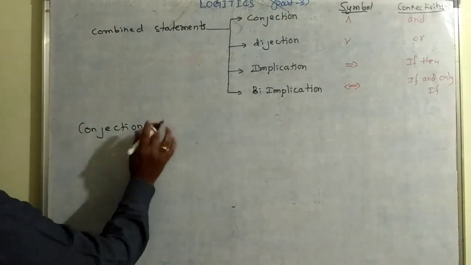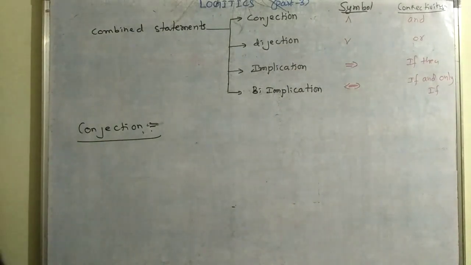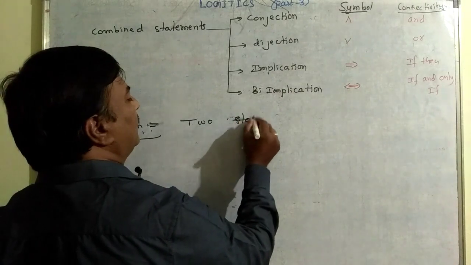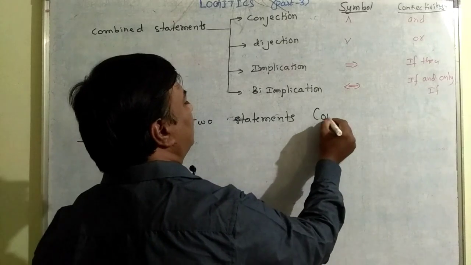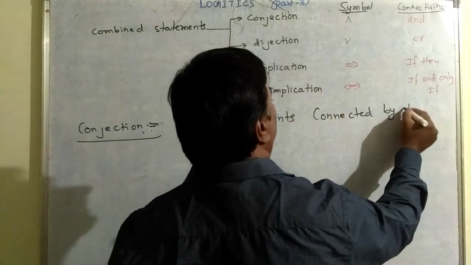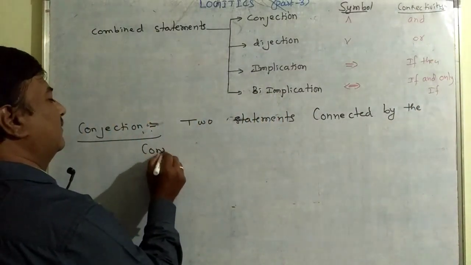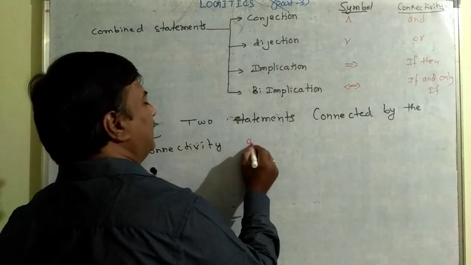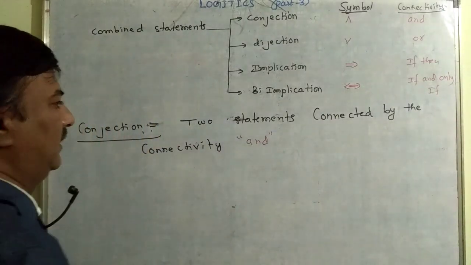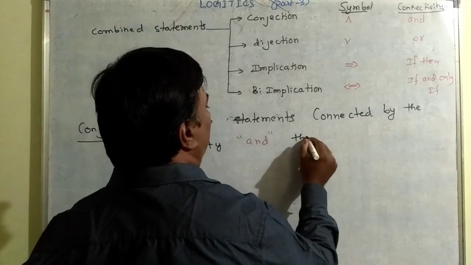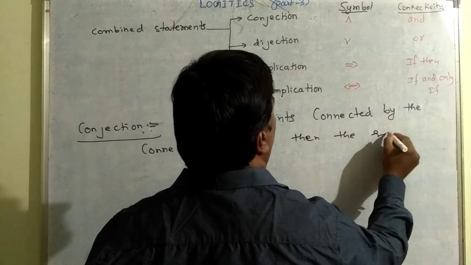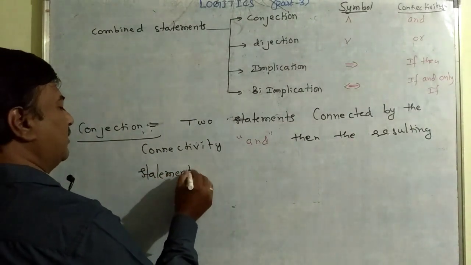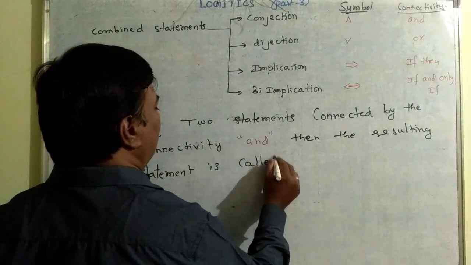Conjunction means we can define: two or more statements, two statements connected by the connective, let the connective here be 'and', then the resulting statement is called conjunction.